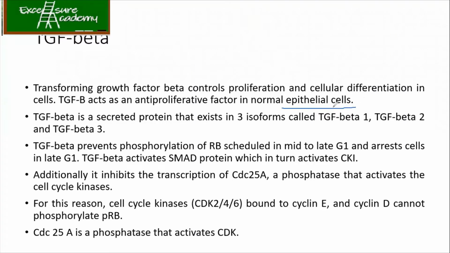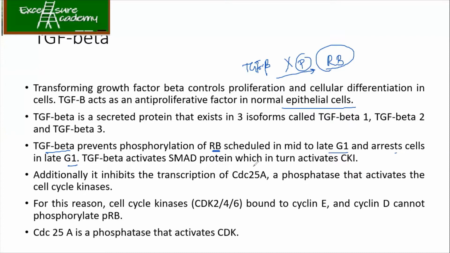It is a secreted protein which exists in 3 isoforms, beta 1, 2, and 3. Now, TGF-beta prevents phosphorylation of RB. Now, guys, this is about the retinoblastoma. Okay, so TGF-beta is going to prevent the phosphorylation of your RB, which is scheduled in late G1, and arrest the cells in the G1.